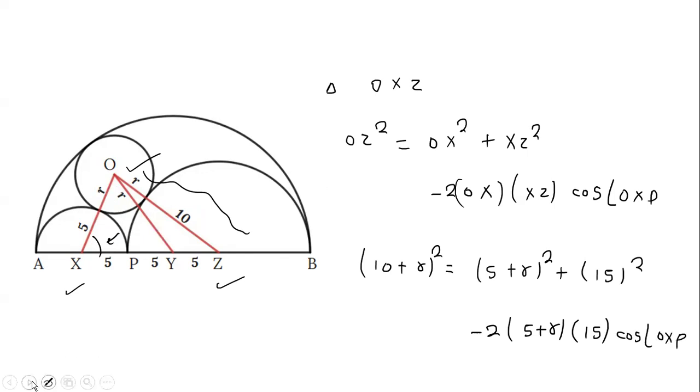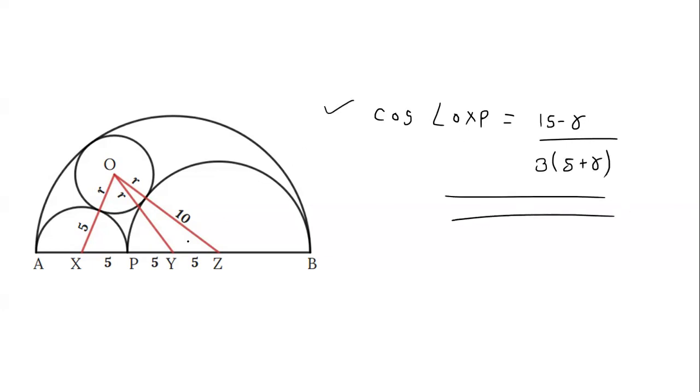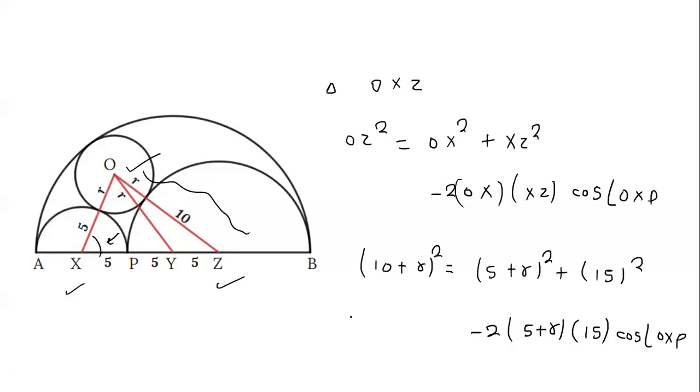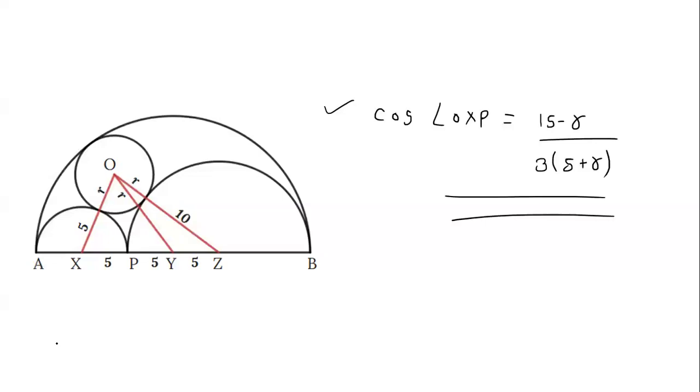So from here again you can calculate cos of angle OXP, and after simplifying, cos of angle OXP will come as 15 minus R divided by 3 times 5 plus R. So this is the cos of angle OXP we get from this relation. Now we have two values of cos of angle OXP, one is this and one is this, so we can equate both of them.